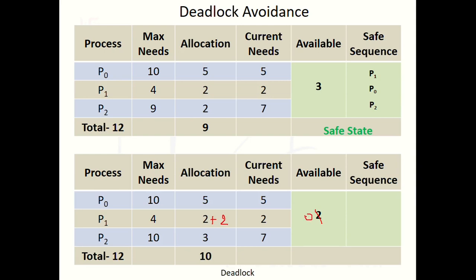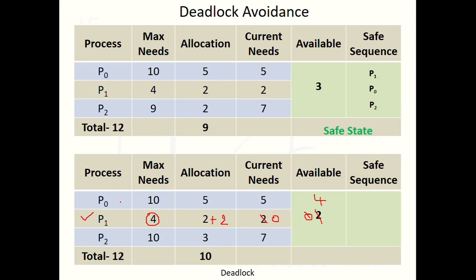No, 0 remain. Is there any further need for process P1? No, 0. So a total of 4 resources we have allocated to process P1. So after some time P1 will complete its execution and these 4 resources become free. Now in place of 0 we have a total of 4 resources available in our hand.